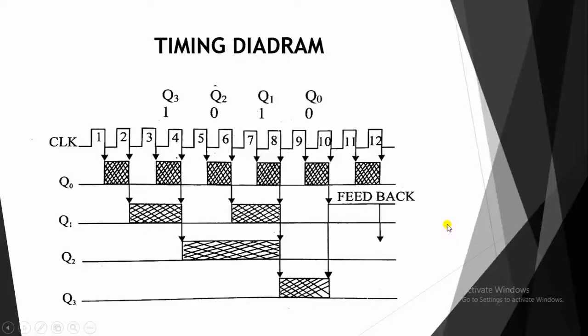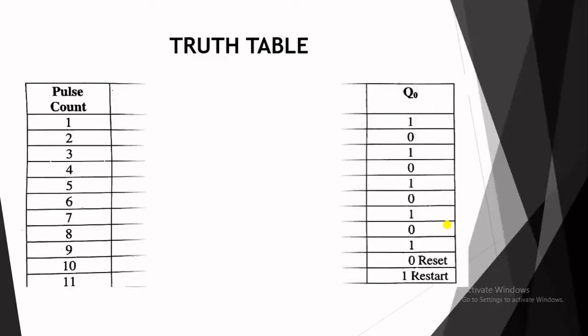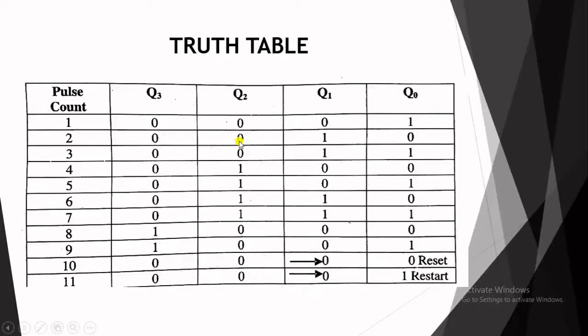Now next, the truth table. In the truth table, starting from 1 to 9, it is similar to the 4-bit binary counter or 4-bit asynchronous counter.